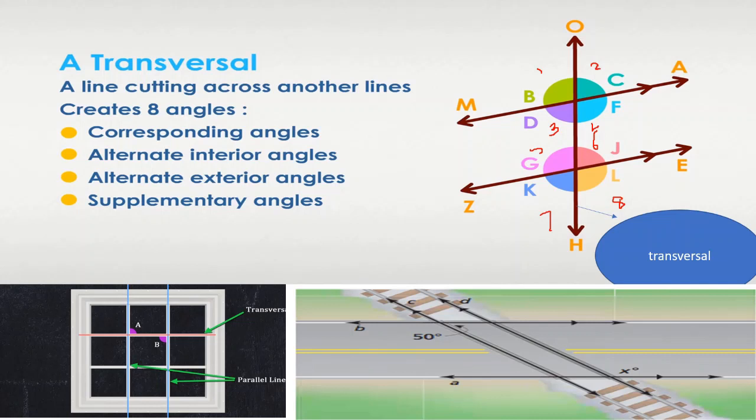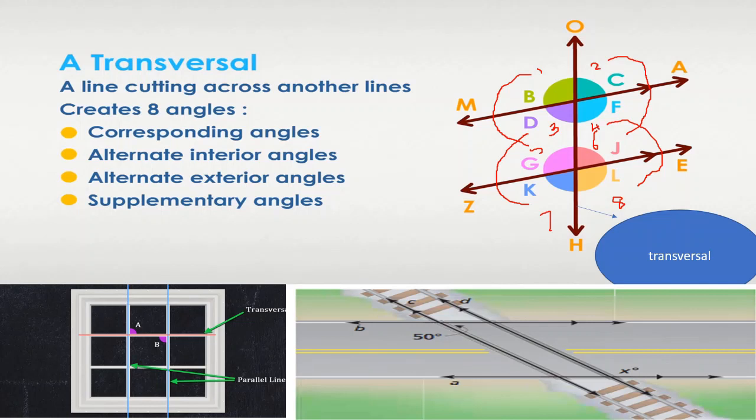Now the angles above the line, that is angle 1 and 5, and angle 2 and 6, you call corresponding angles. Also the angles below the line, angle 3 and 7, and angle 4 and 8, are called corresponding angles.